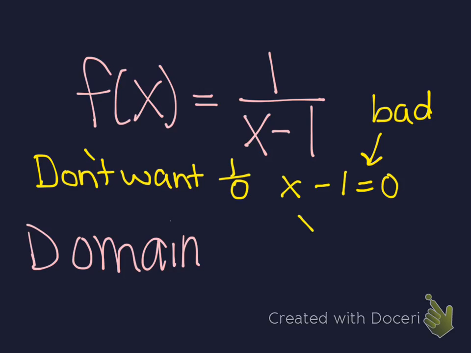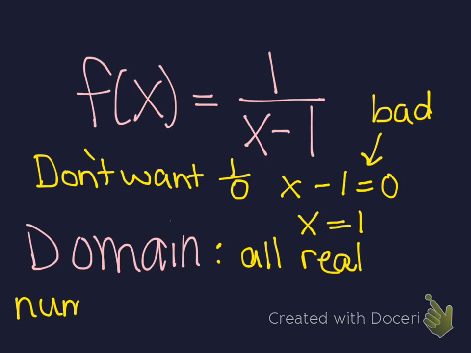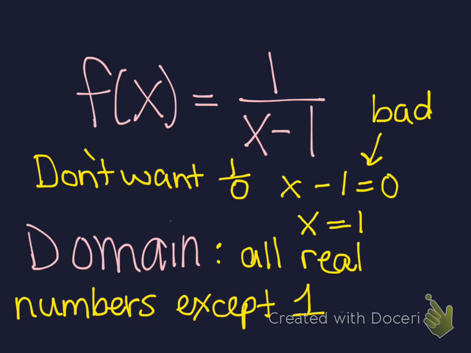And by solving, I can see x is equal to 1. That will result in 0, and so that's the bad number I want to avoid. So I'm going to say the domain is all real numbers except 1. Because if I use 1, I'll get 0 in the denominator.